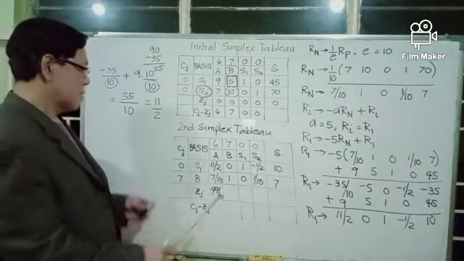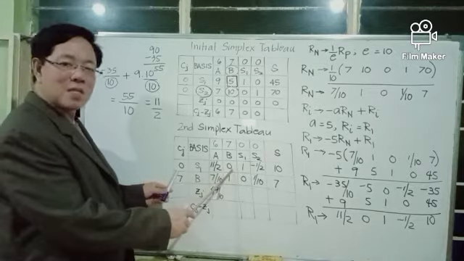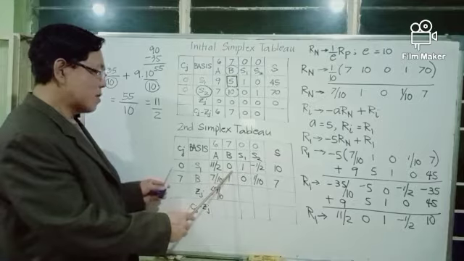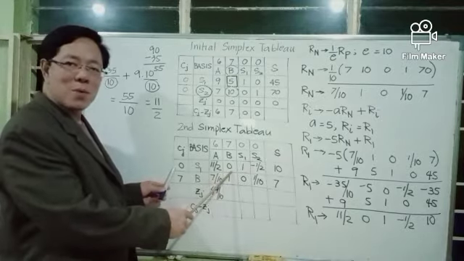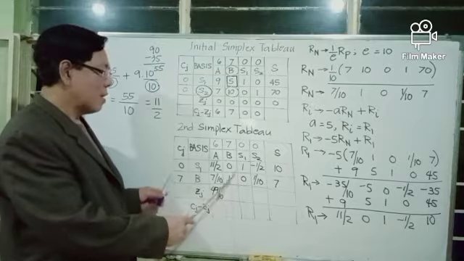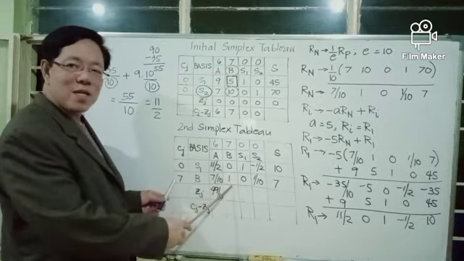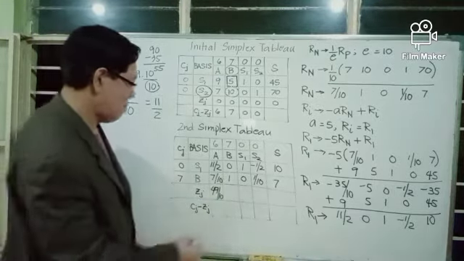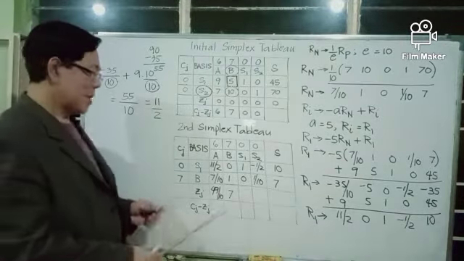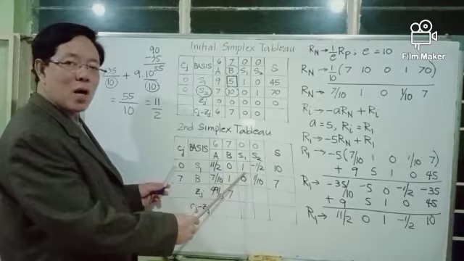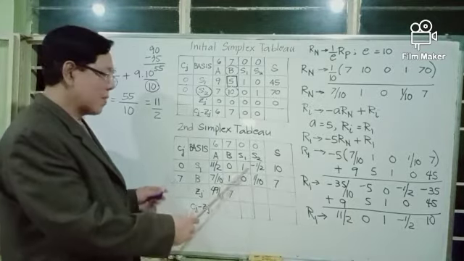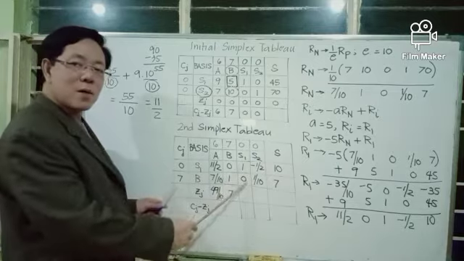Next, 0 multiplied by 0 is 0, plus 7 multiplied by 1 is 7. We have 0 plus 7 is 7. Next, 0 multiplied by 1 is 0, plus 7 multiplied by 0 is 0. We have 0 plus 0 is 0.